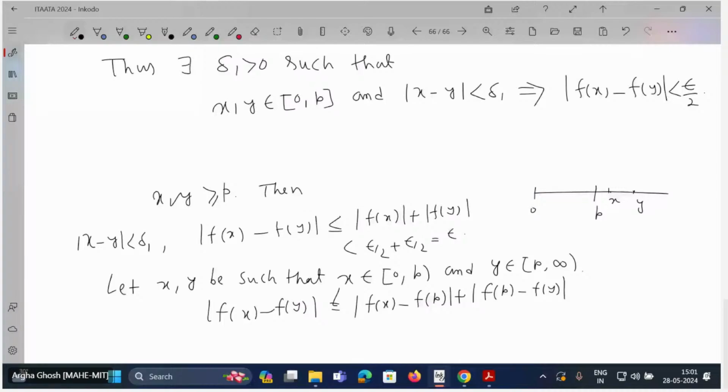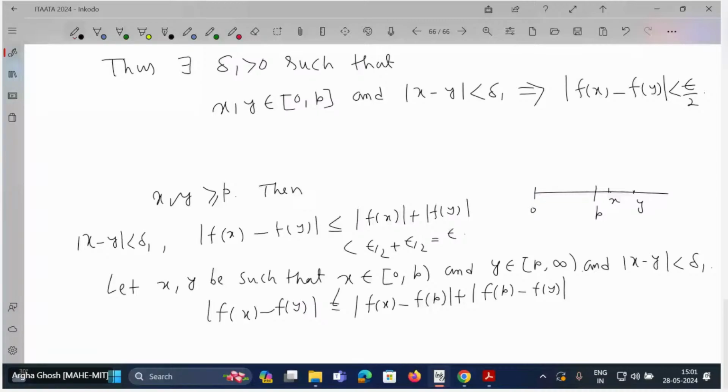Obviously |x - y| is less than delta 1, so |x - p| will be less than delta 1 and |p - y| also will be less than delta 1.